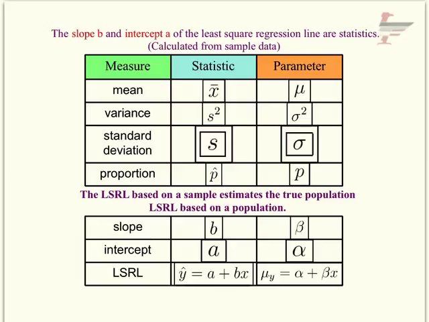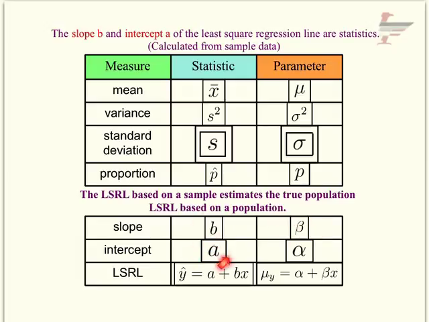The last thing is just notation that you're going to be running across in this chapter. And if you recall, slope is b, y-intercept is a, and you probably remember that. Now we're going to be doing inference on these variables. So when you infer something about the actual slope and y-intercept, you're going to use beta and alpha. So slope is b, so our estimation for the population is b, but our parameter then is beta.